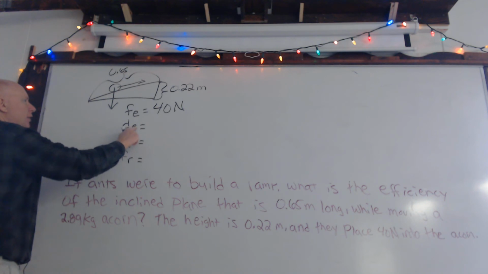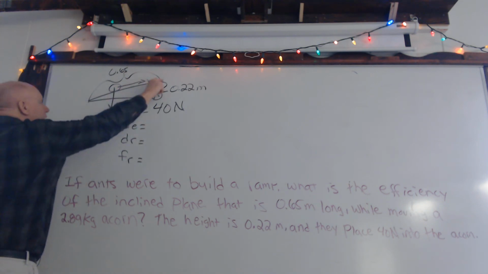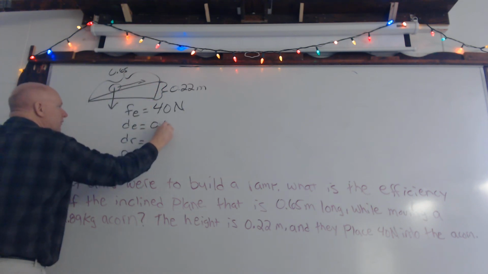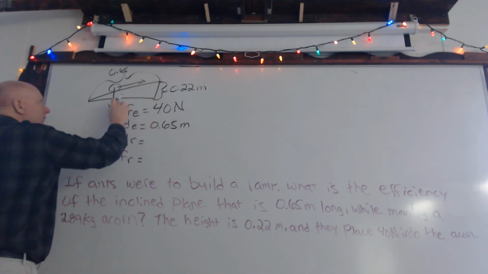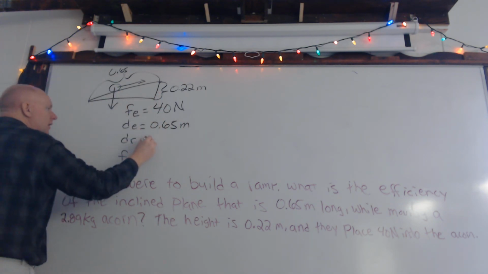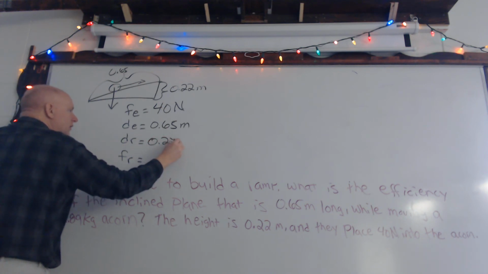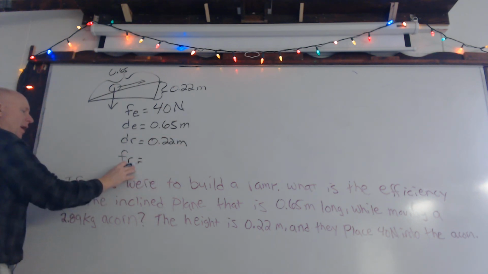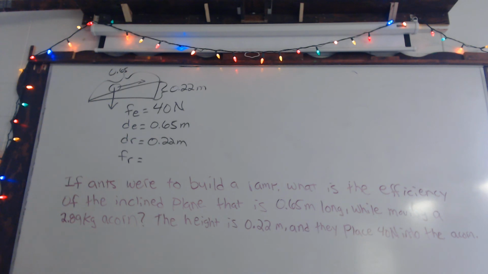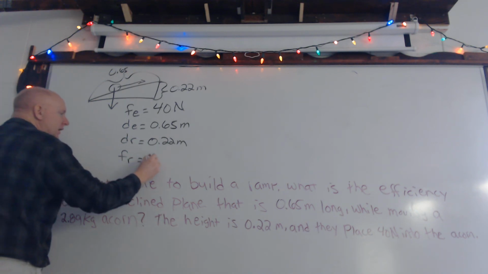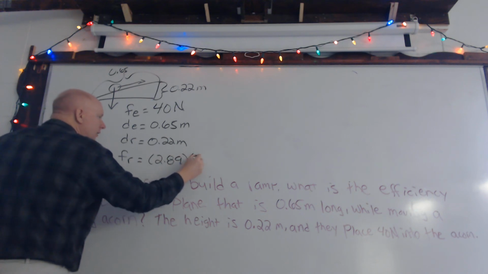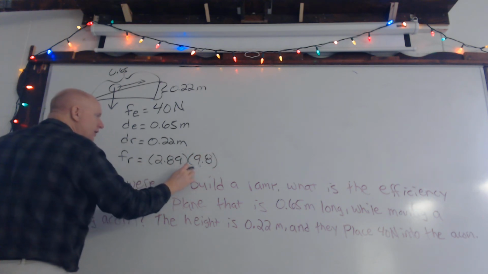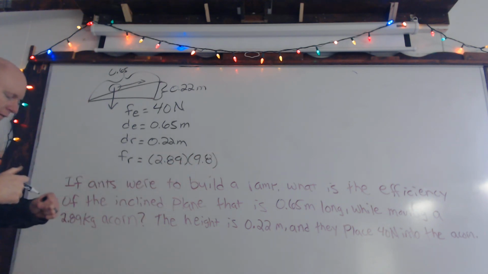They're putting an effort of 40 newtons into the length of the ramp, so that's 0.65 meters. And then the resistance from gravity that's pulling down on this is 0.22 meters. And notice we don't have anything given to us in newtons for the resistance force, but we can find that by taking 2.89, our mass, times an acceleration, and of course that is due to gravity.